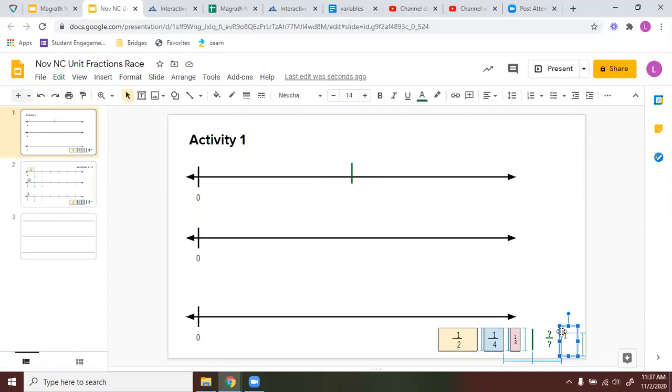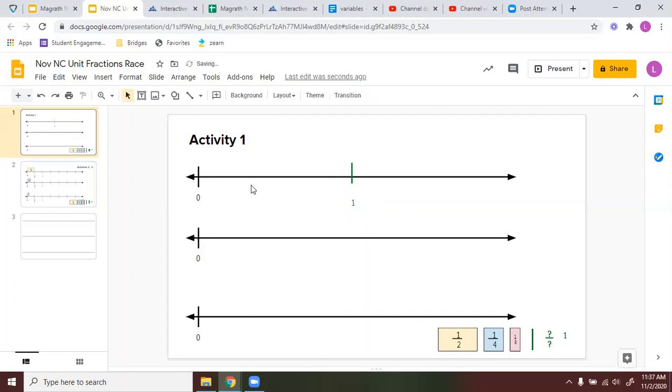Whoops. All right, so if this is 0, I want this little tick mark to be my 1 whole.